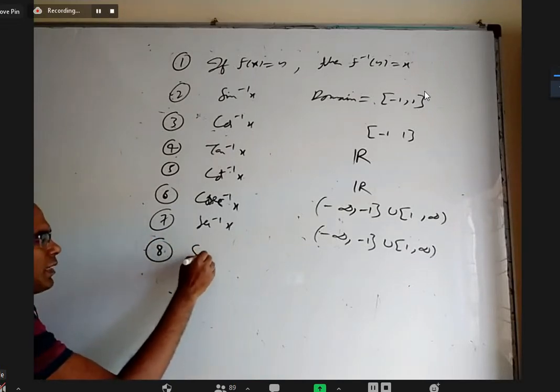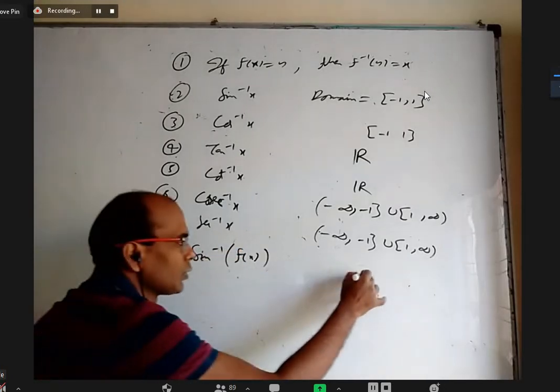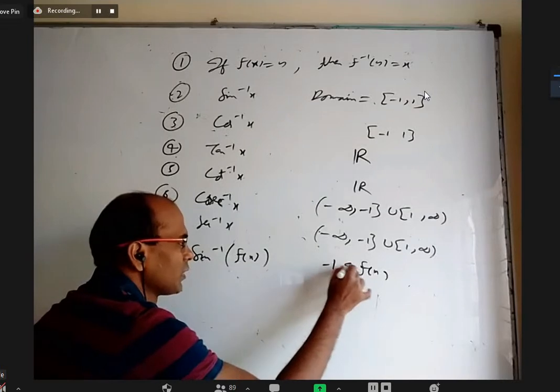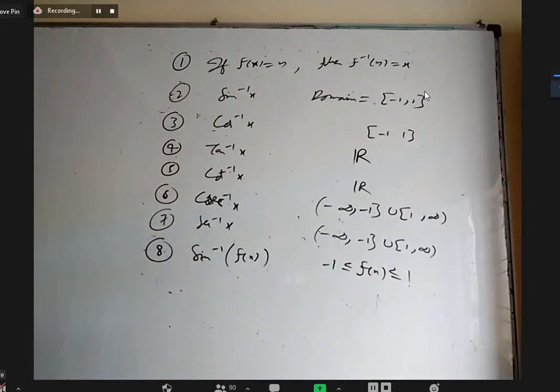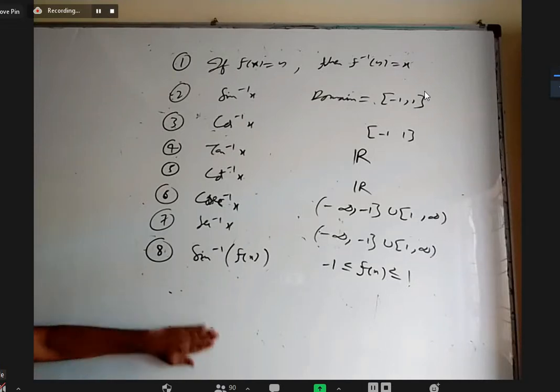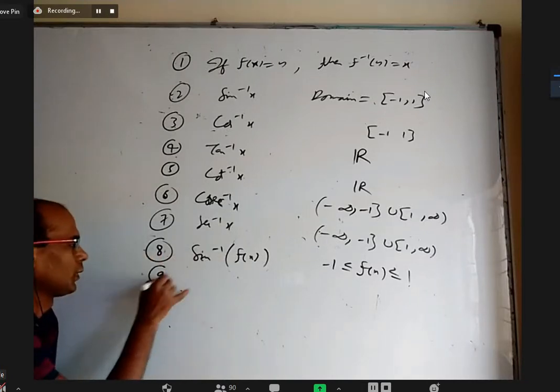So whenever somebody asks sin inverse, with some other function inside, if you want the domain, your f of x should be between -1 to 1. Then only sin inverse will be defined. Similarly, cos inverse you can write. It's okay, I don't write too many.